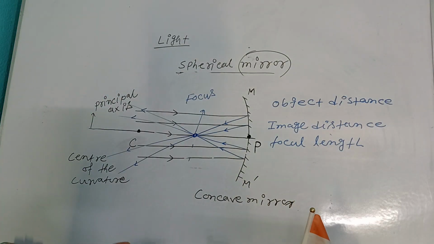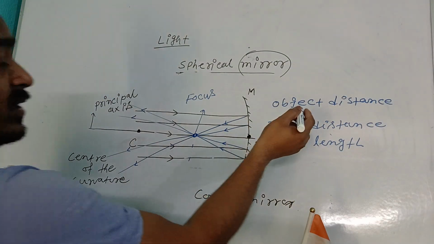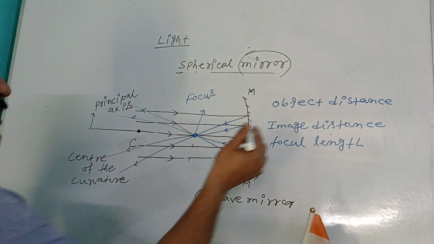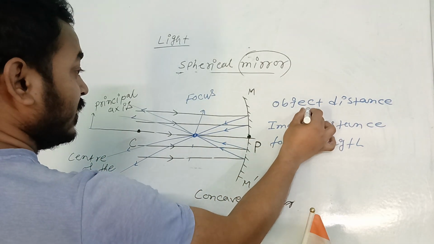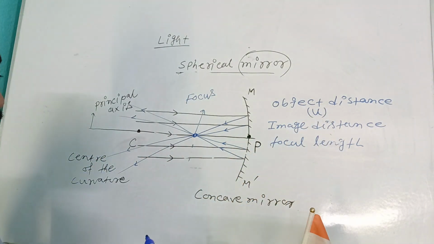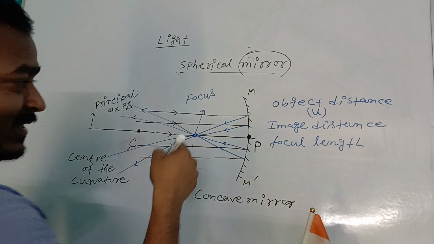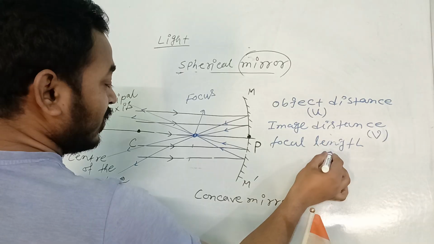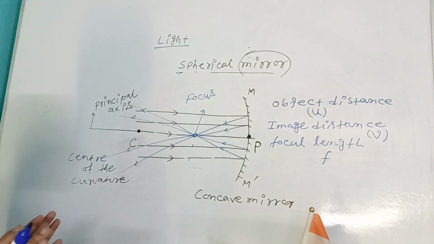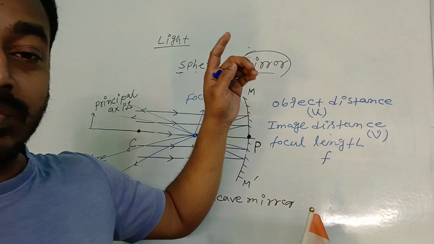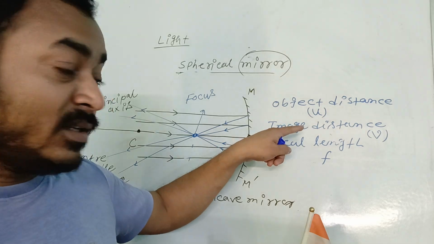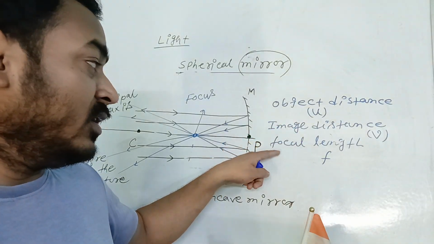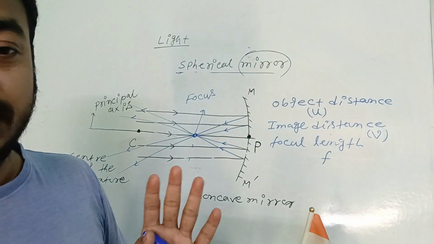So the object distance notation is what? U. Wait, I'll share the trick also so that you can remember it easily. Image distance is V, and focal length is F. Clear? Object distance notation U, image distance notation V, focal length F.